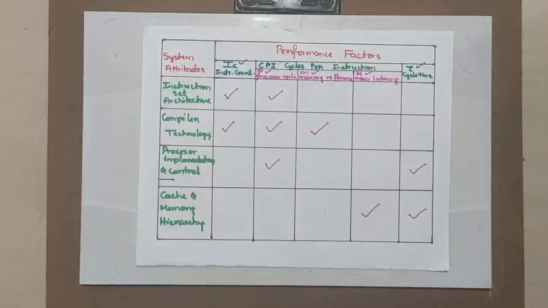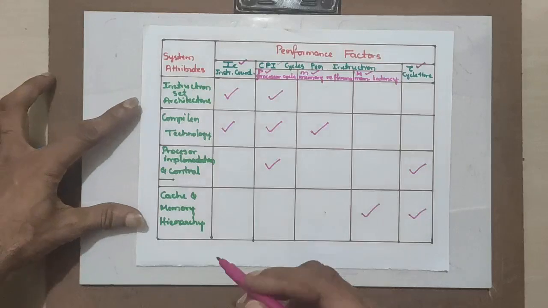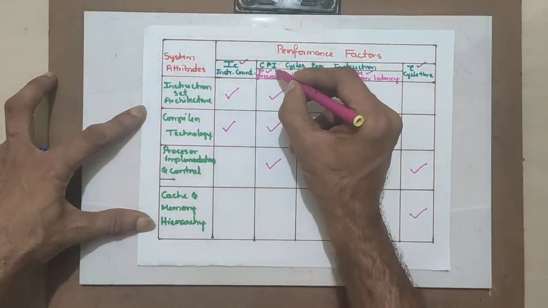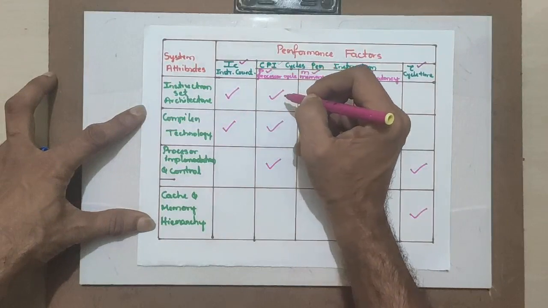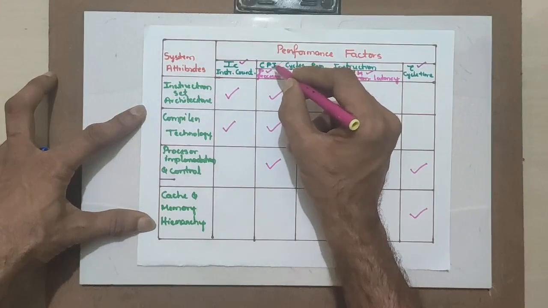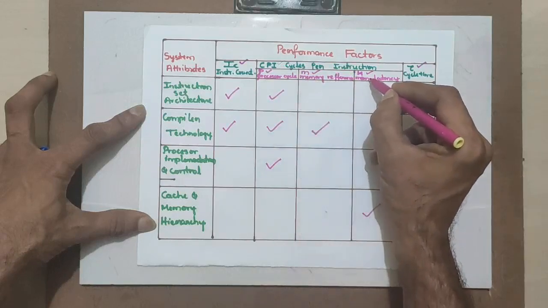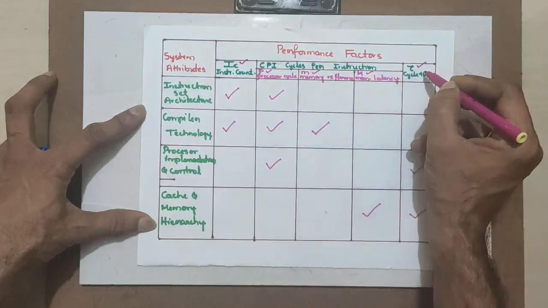In the last session, or the last slide, we saw 5 performance factors. First is instruction count. Next is cycles per instruction, but the cycles per instruction depends upon the processor cycle, memory cycle, and the memory latency. And the cycle time.